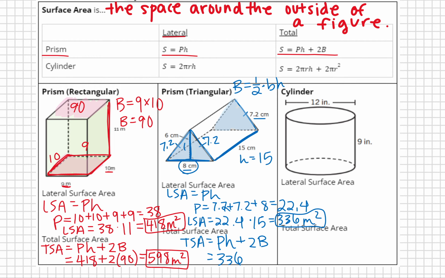Putting that together in our area formula for a triangle, it's going to be 1/2 times 8 times 6. Calculate that out. And it's 24.